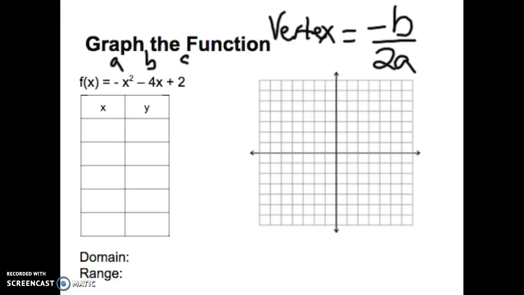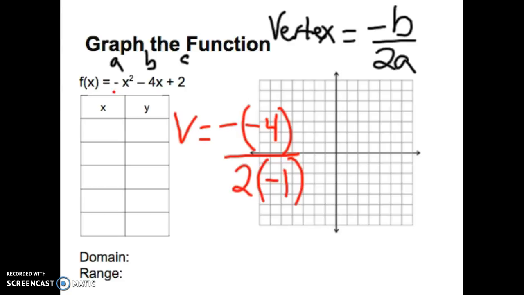So in this particular case, for the vertex, it's negative times b. Well, b in this case is negative 4, all over 2 times a. A in this case is negative 1. We do a little bit of simplification. So the top part, negative negative, turns into a positive 4.